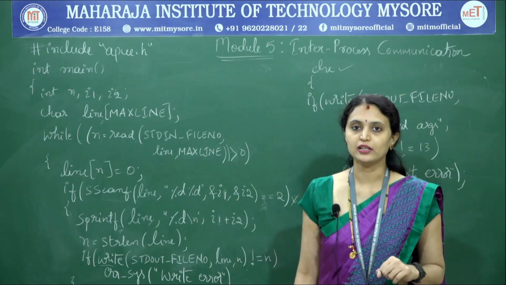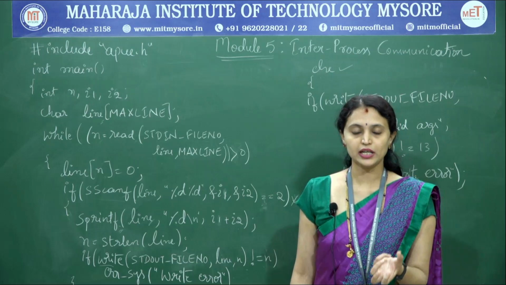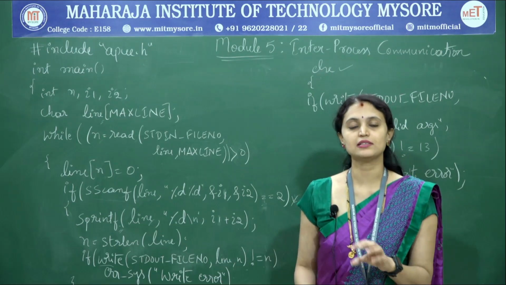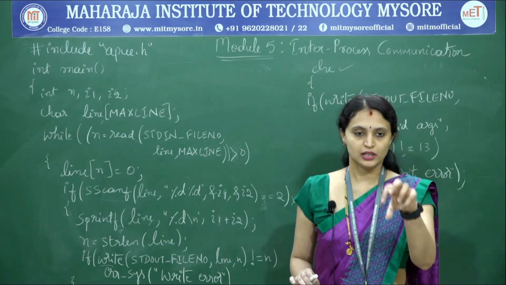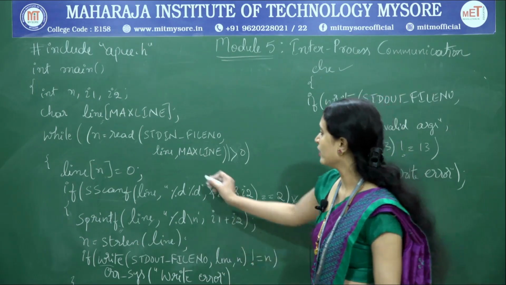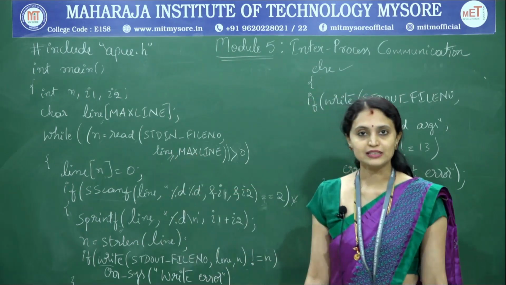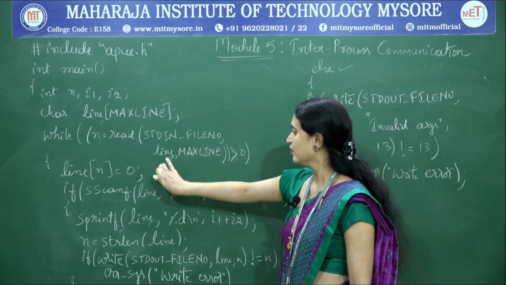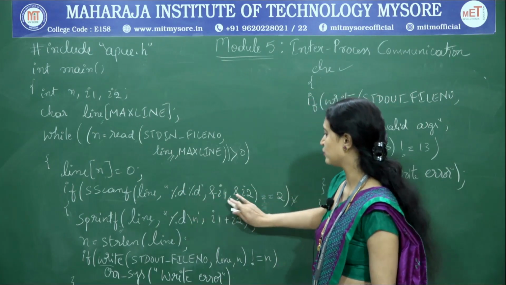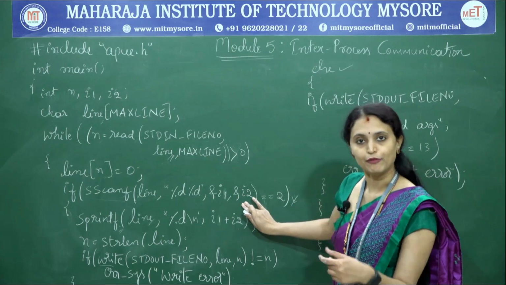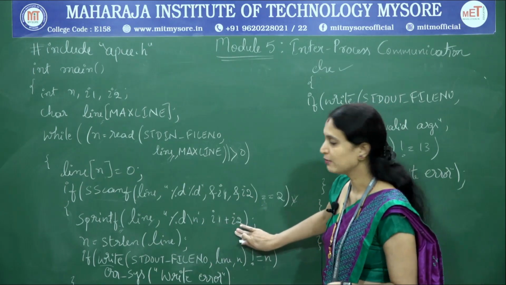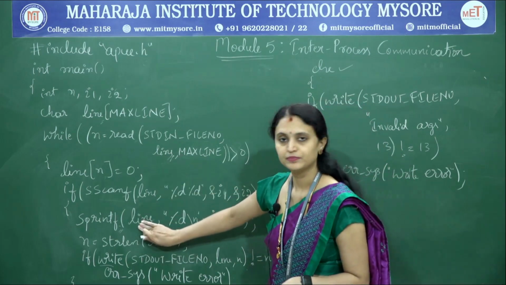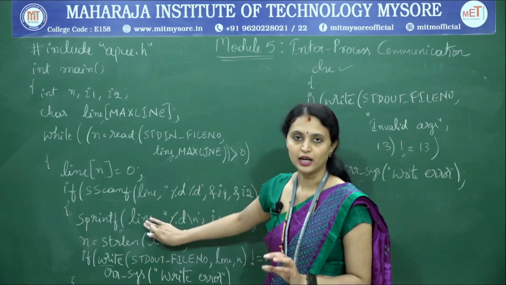What we are doing here: first we are reading the input that is given through the console and reading that into a character array called line. Next, from that line we are scanning two inputs, and after that we are printing the sum into that particular line array.